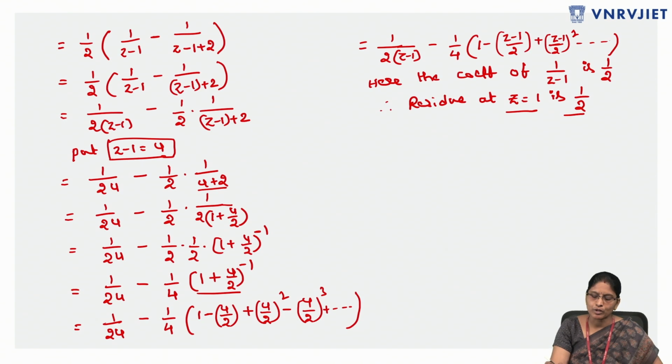Next, we have to find out the residue at the point z is equal to minus 1. We can expand the function f of z in Laurent series expansion in powers of z plus 1 here.